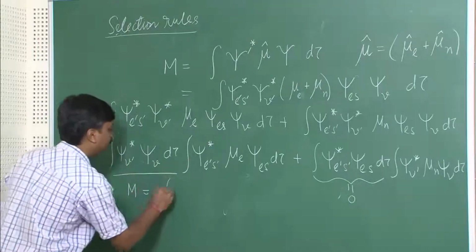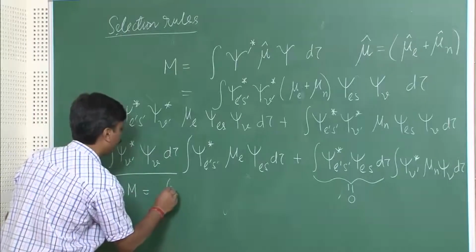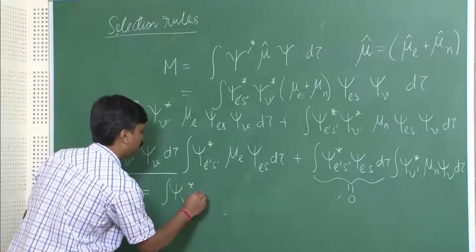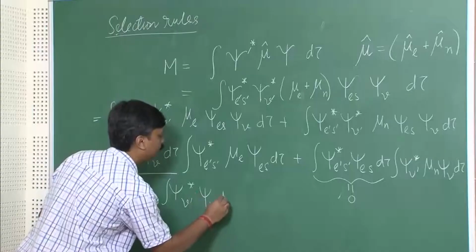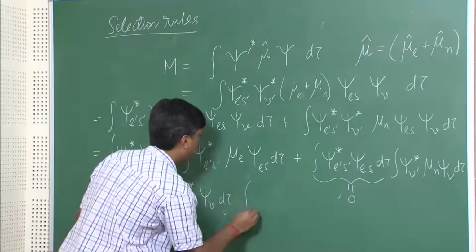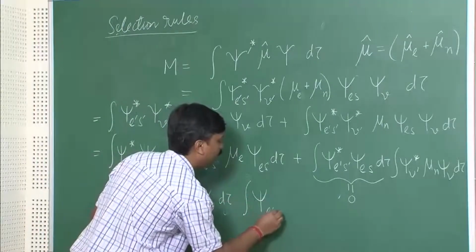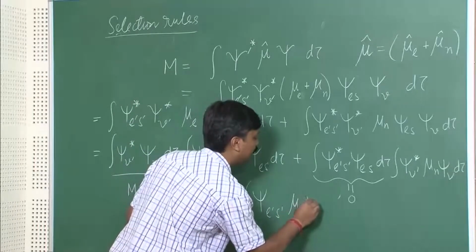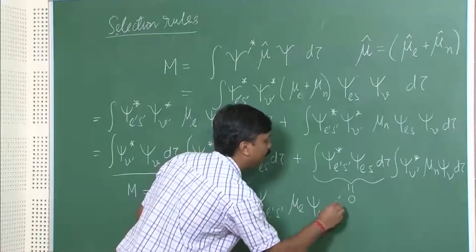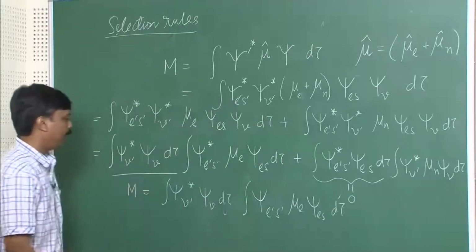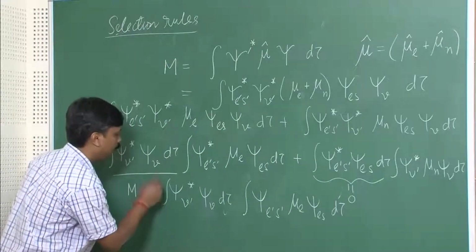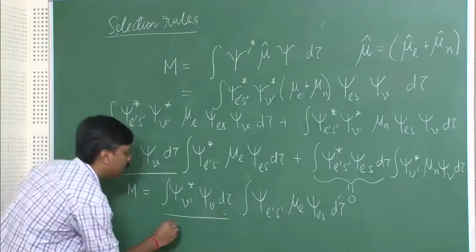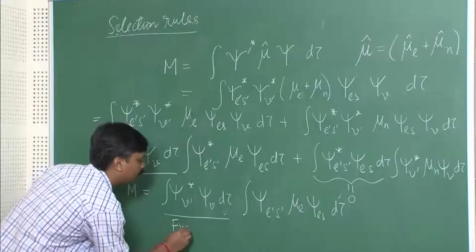So I have my overall aim equal to this part, that is psi v prime, psi v d tau, multiplied by psi e prime s prime, mu electronic, psi e s d tau. And this particular part that we were just talking about is known as the Franck-Condon factor.